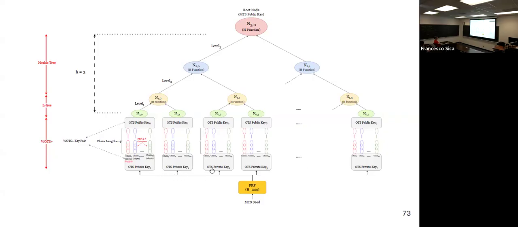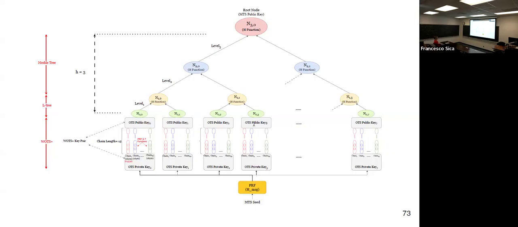The number of private keys will be 2 to the power of H. H is the level of the Merkle and hash trees we will use later on. After that, we will give each private key to a chain function, as I mentioned before, to create our public keys.